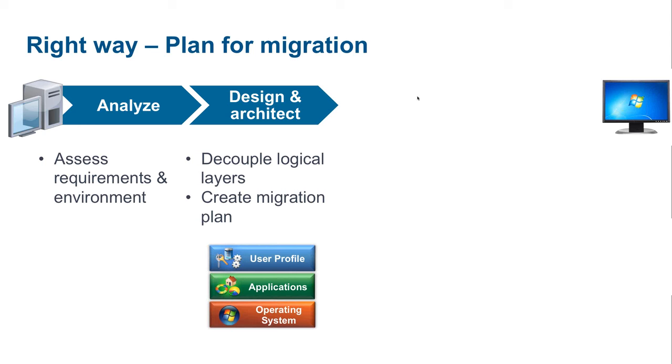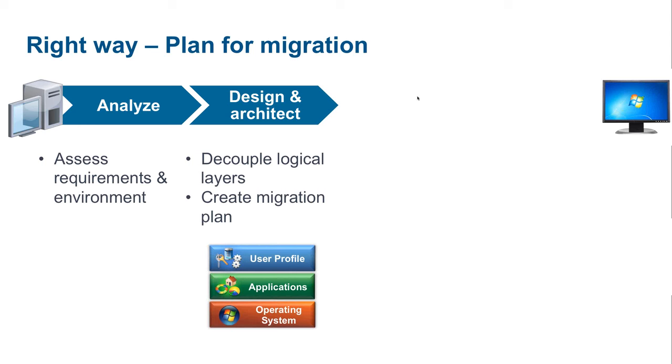And when I talk about decoupling the logical layers, what I'm really talking about here is splitting off how we traditionally think of a desktop model as more of a monolithic effort, and really it becomes a decoupled, stacked, layered kind of effect, where we have user profile, user personalization data, things like their desktop settings, documents on their desktops, shortcuts, favorites, things like that.